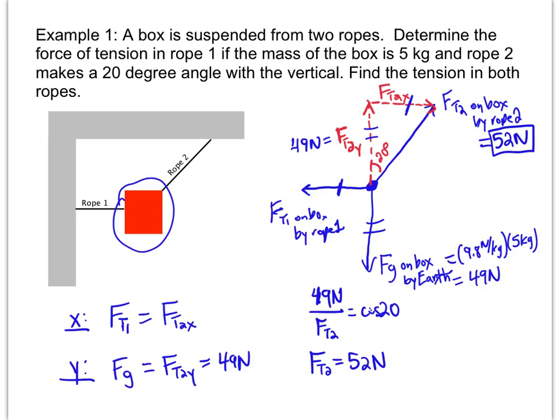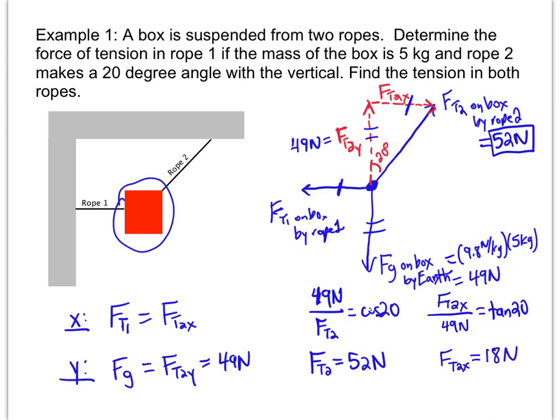So for my equation, I've got tan 20, and that's equal to the opposite side to the angle, which is my Ft2x. That's the thing we're interested in, and that's over the adjacent. That's the TOA, my opposite over adjacent. That's 49 newtons. Again, moving things around, we get 18 newtons here.